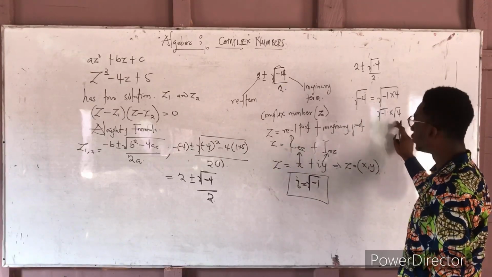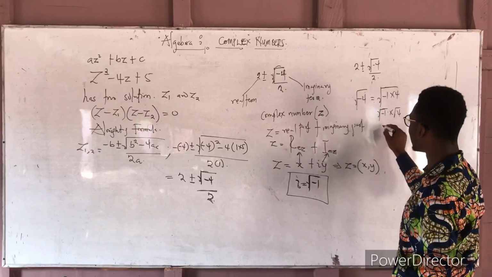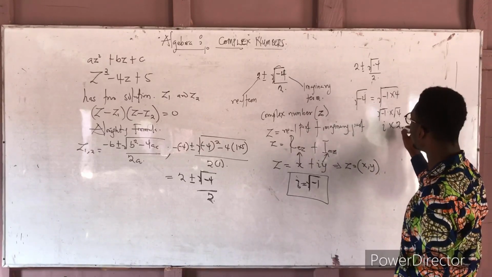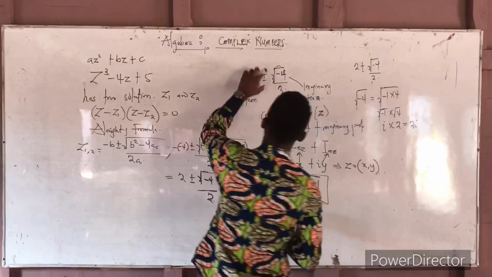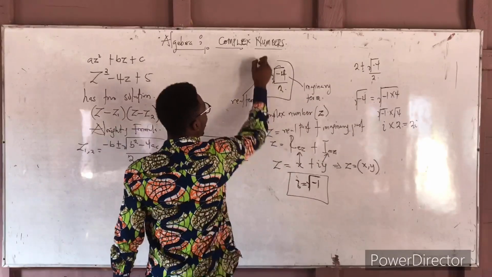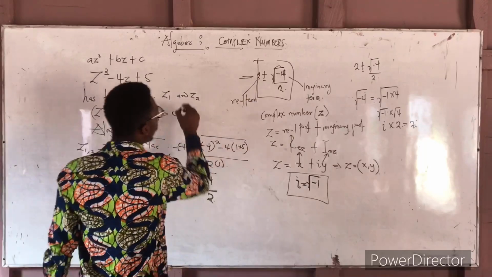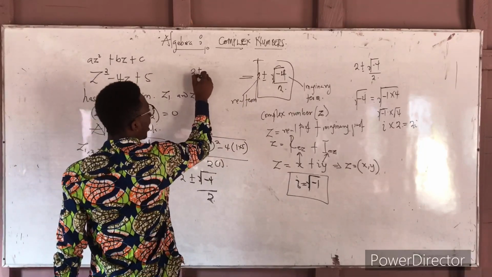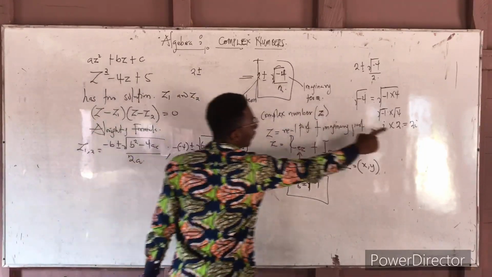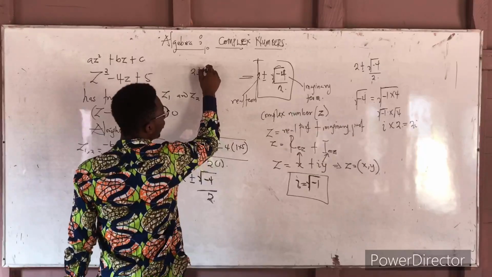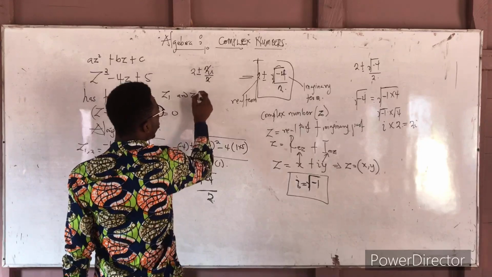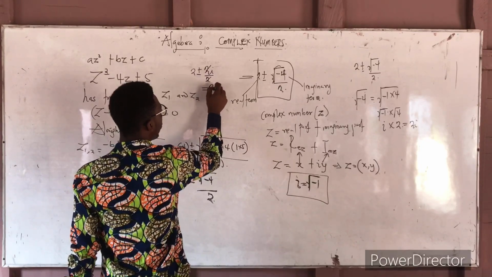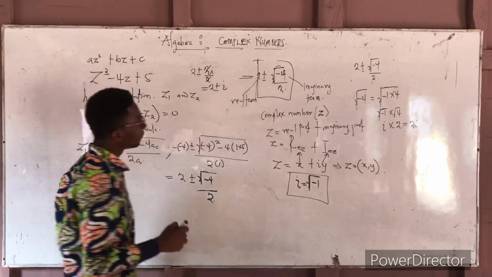The root of 4 is always 2, and the root of 1 is i, so we get 2i. So writing this solution in complex form, we get 2 plus or minus 2i, all over 2. We can cancel the 2s, and finally we get 1 plus or minus i.